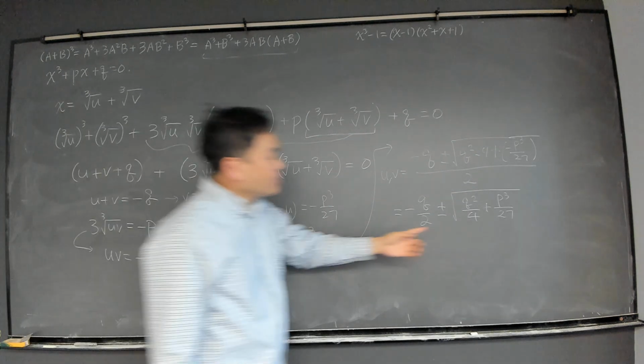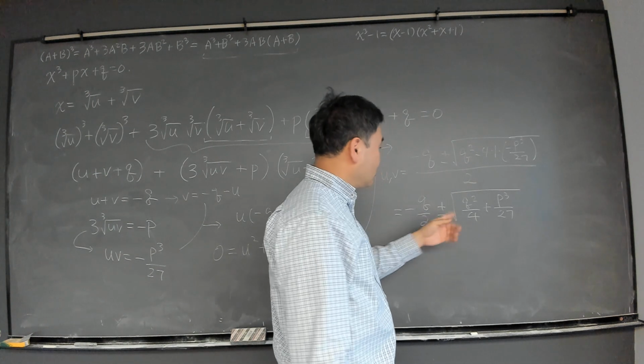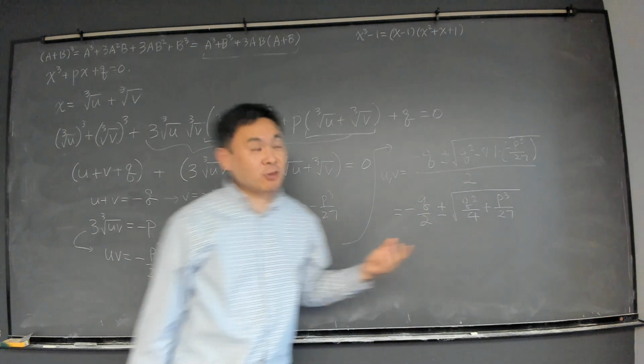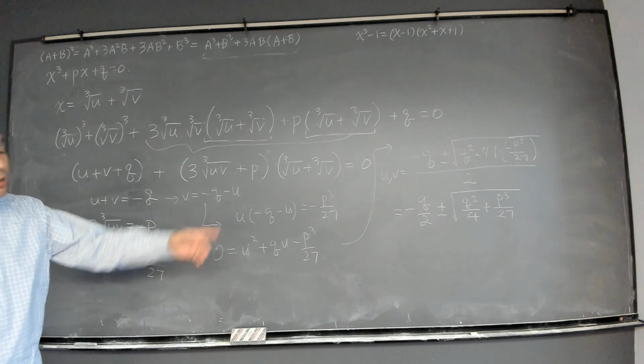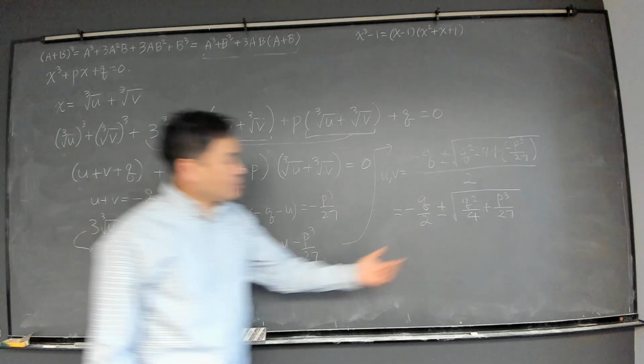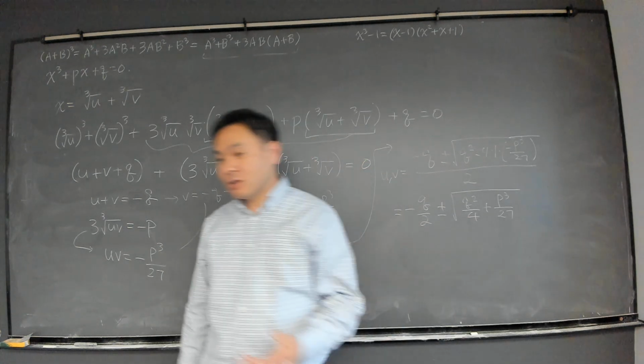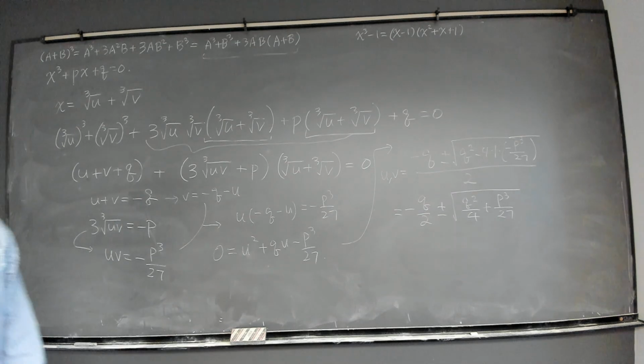If this is positive, then you're going to have two real values, and taking the cube root wouldn't be a problem. In fact, if this part is positive, you're going to get one real solution. Okay.